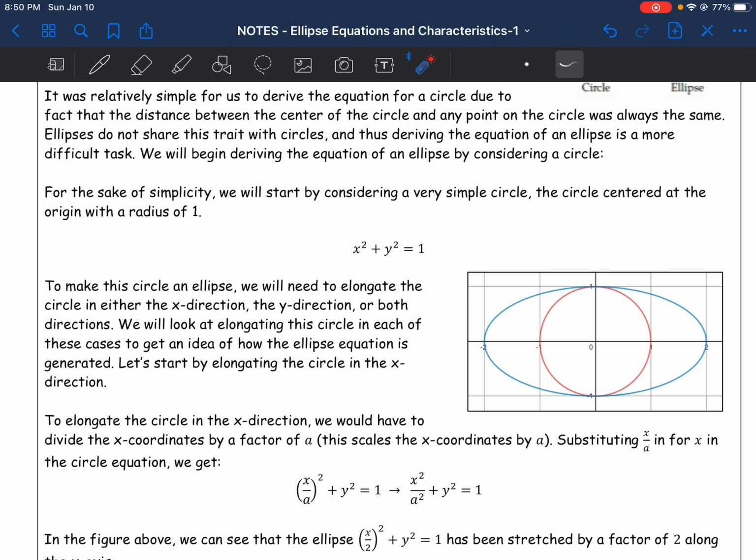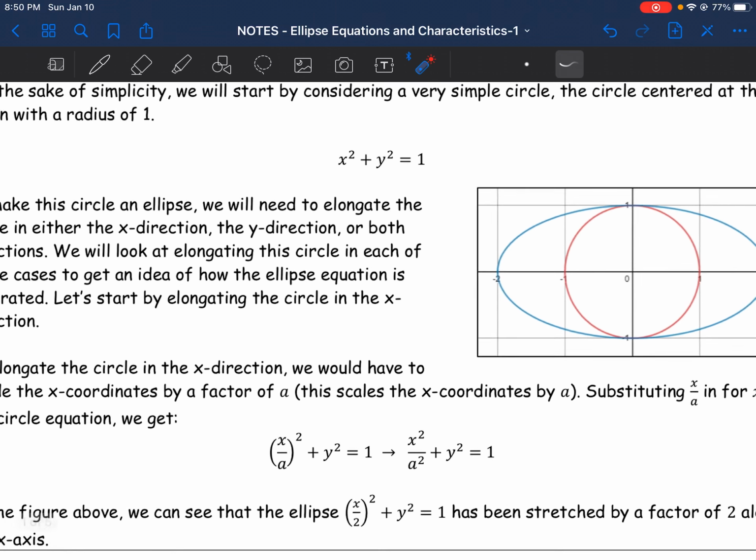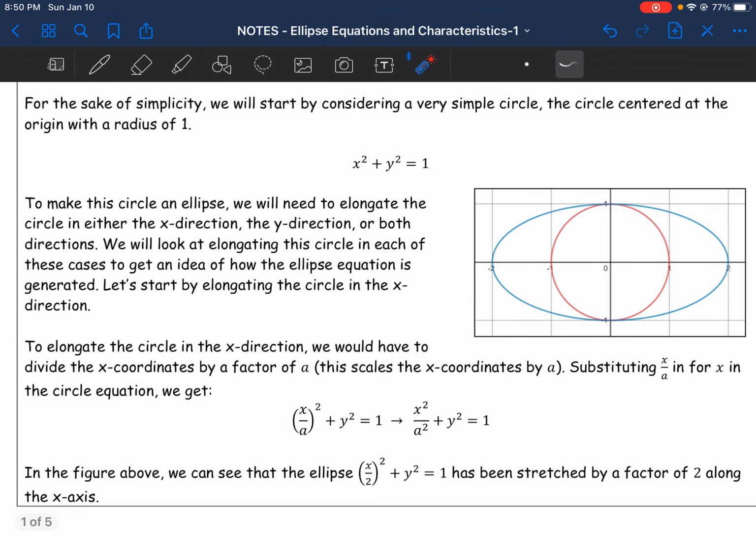Essentially, what we would have to do is scale all of the x's by a factor of some number, and we'll call this number a. We'll call it the scale factor of a. In order to scale in the x direction by a factor of a, we're going to have to divide all of the x coordinates by a.